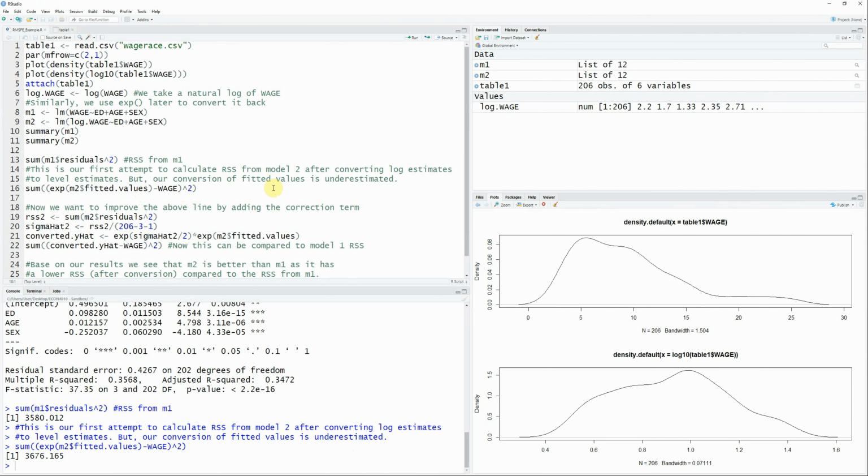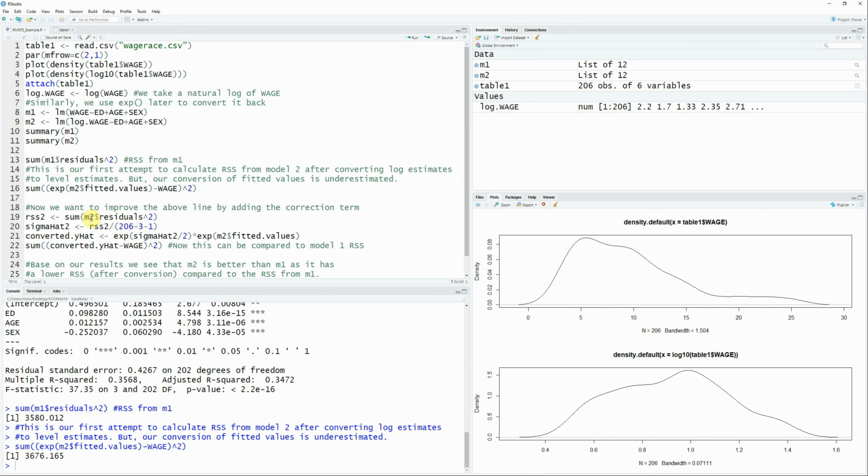If I do that, I end up with 3676, and that number is larger than this number. So if we really didn't know what we were doing, we would have chosen model 1 so far, because 3580 is smaller than that. But we know that this is not the right way. We need to improve our calculation by applying the correction term.